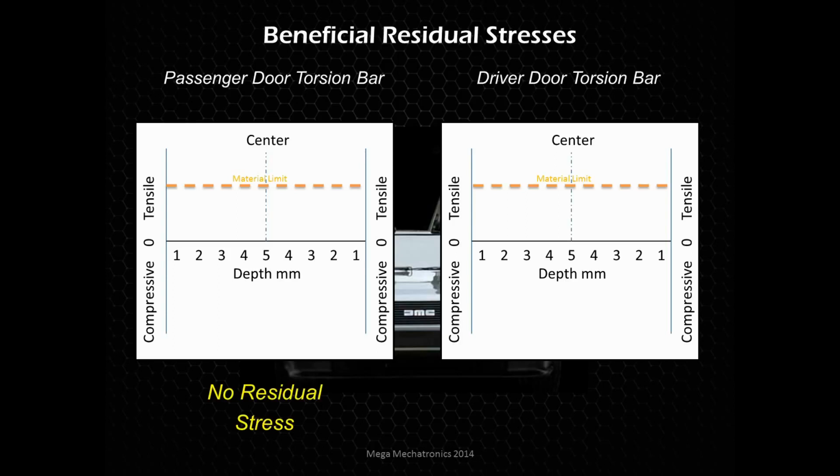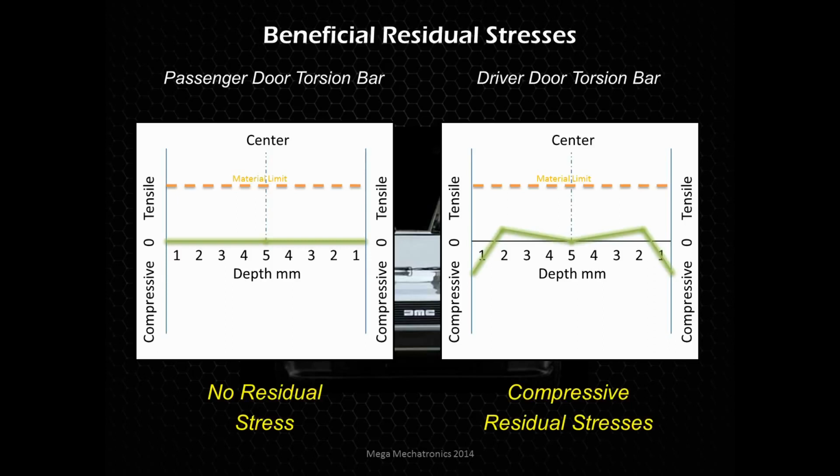So let's say the scientists or the quality engineers found out that there was no residual stress on the passenger door torsion bar. And on the driver's side, where it didn't fail, they found compressive residual stresses at the surface. So both of these parts are unloaded at this point.